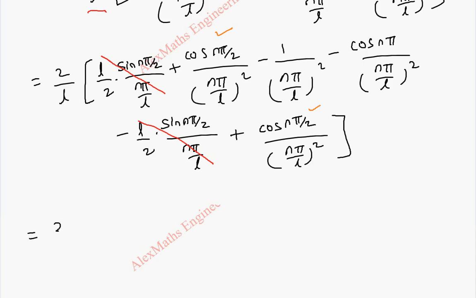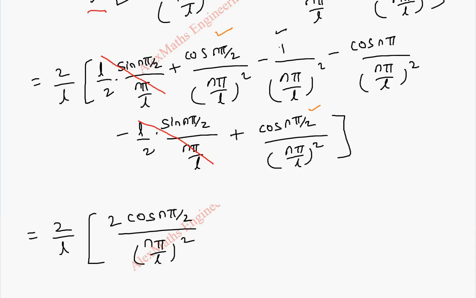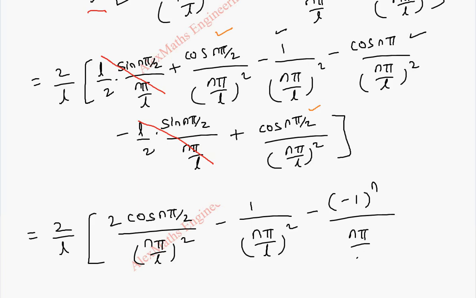So outside we have 2 by L, then this becomes 2 cos n pi by 2 by n pi by L whole square. Then we can write this one, minus 1 by n pi by L whole square. Then we can write this one, minus of minus 1 whole power n by n pi by L whole square. Cos n pi is minus 1.